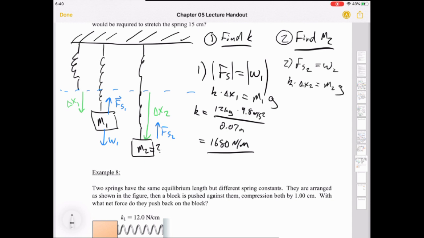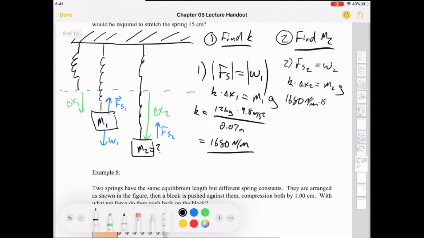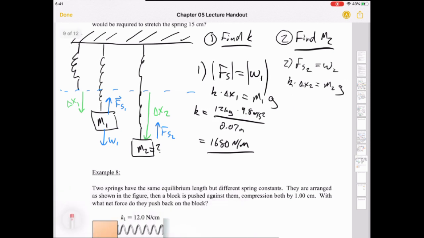Now what I don't know is M2, so I can plug into that, and that's 1680 newtons per meter times 15 centimeters, so it's 0.15. I'm running out of space, so I'm going to move this line down a little bit so I have more space.